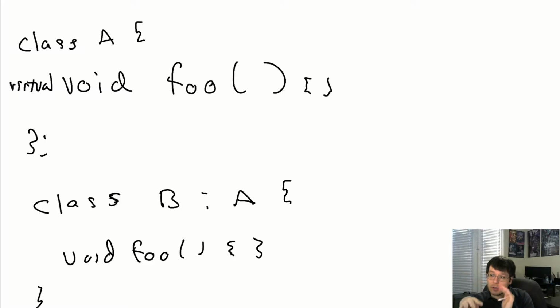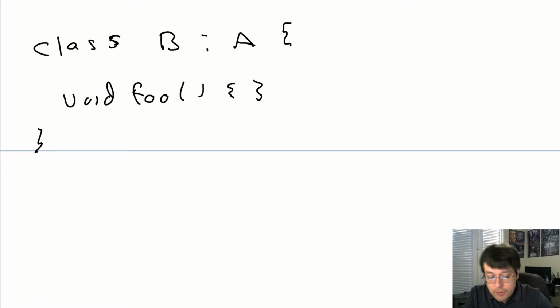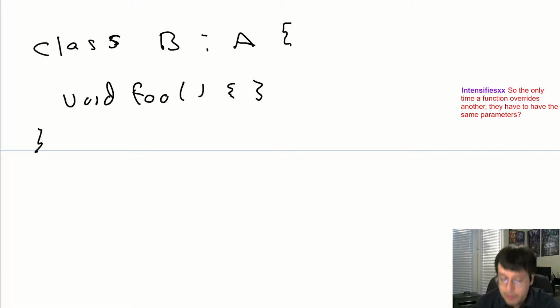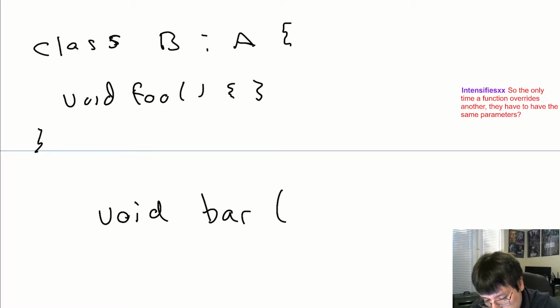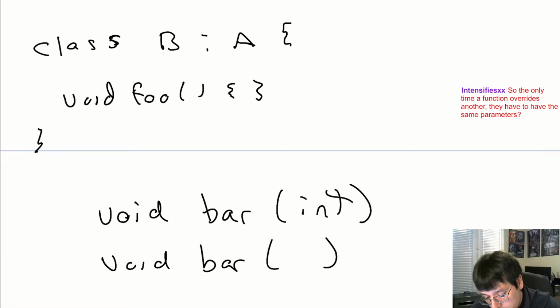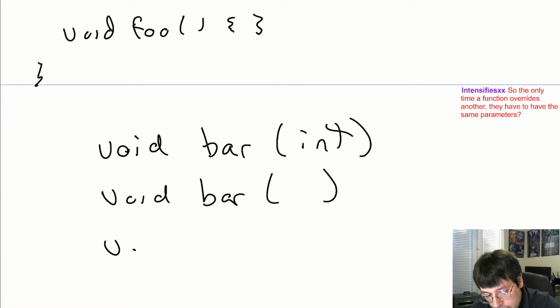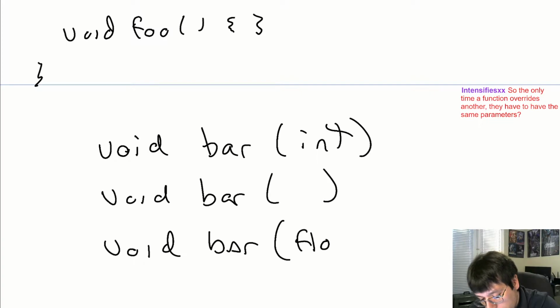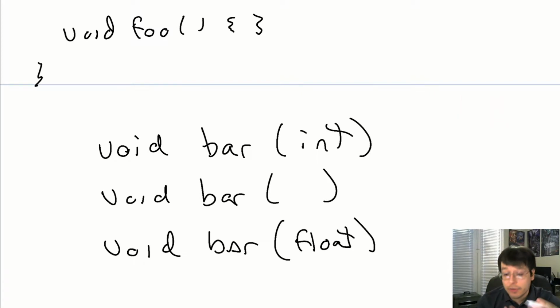So this is function overriding, and of course function overloading we learn like the first day of class, or maybe even in 135, which is like, if we have a function bar that takes an integer, we also have a function bar that takes no parameters, maybe a function bar that takes a different type of parameter, or you could have one that takes two integers and so on, right?